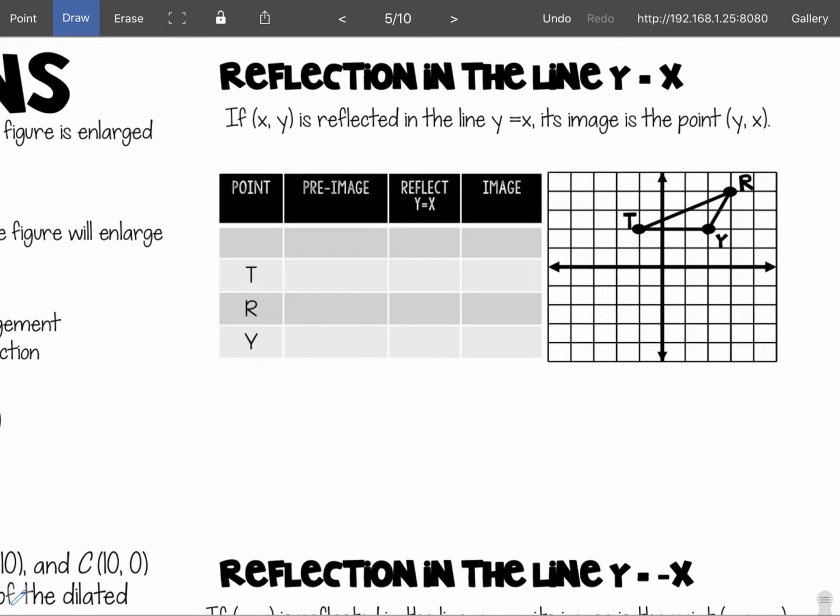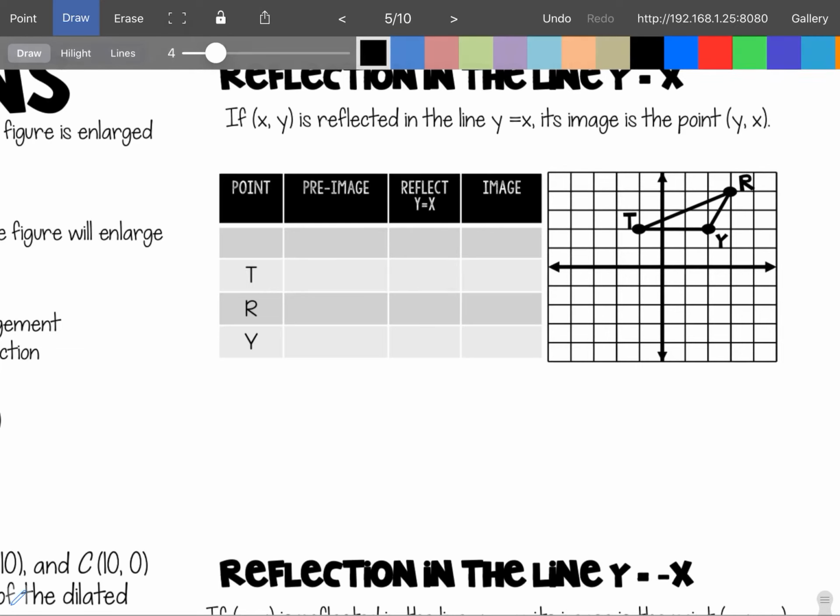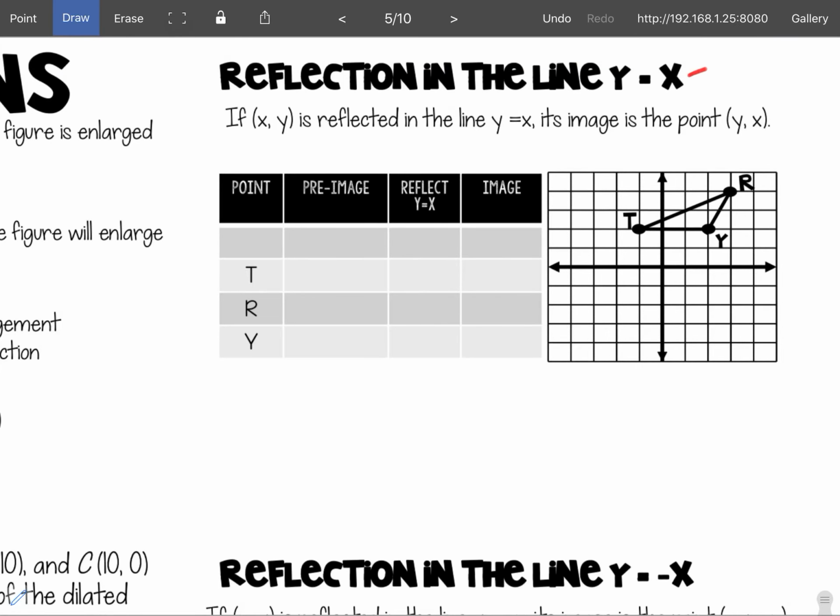So the rule you're looking for on this one for this reflection in the line y equals x, first of all, the line y equals x, that is the line y equals 1 over 1x plus 0. So that's the line we're reflecting over. So that line would actually be this line right here.